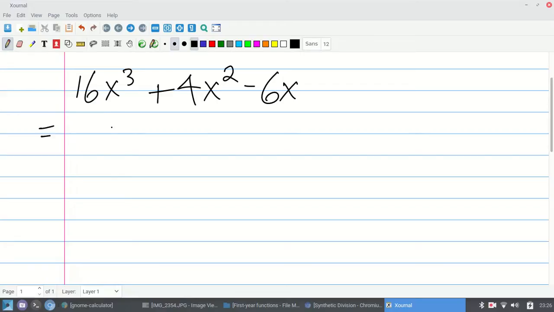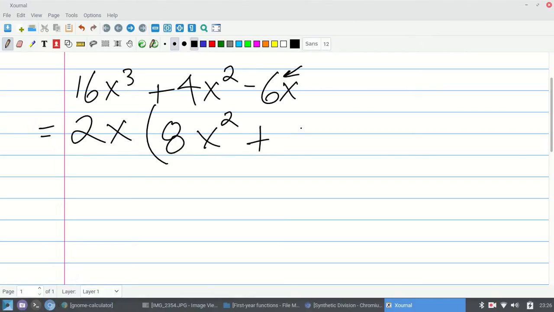Common factor is, it won't be 4, it'd be 2, right? Because I can't divide that by 4. So it's going to be 2x, and what I end up with is 8x squared plus 2x minus 3.